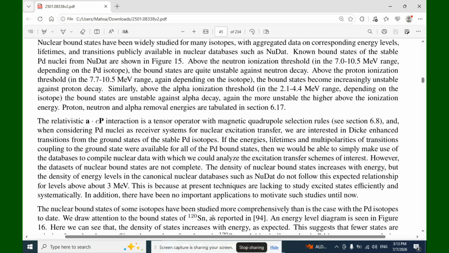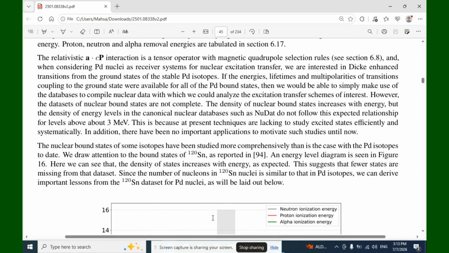in section 6.17. The relativistic ACP interaction is a tensor operator with a magnetic quadrupole selection rule. See section 6.8. And when considering palladium nuclei as receiver systems for nuclear excitation transfer, we are interested in decay-enhanced transitions from the ground states of the stable palladium isotopes.